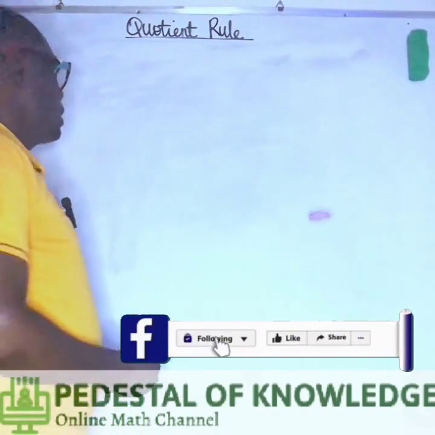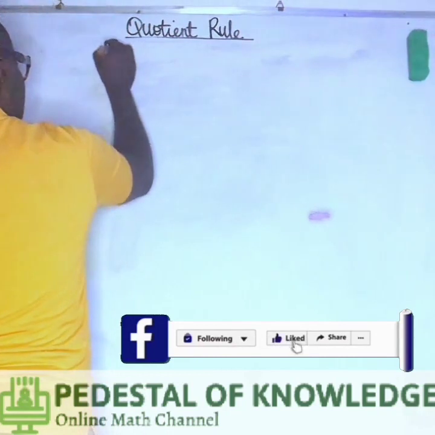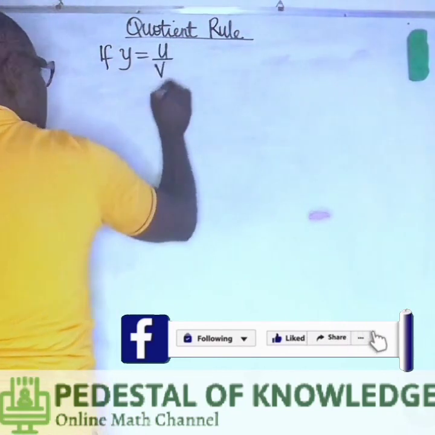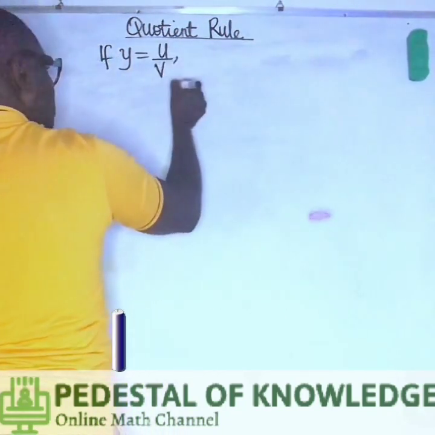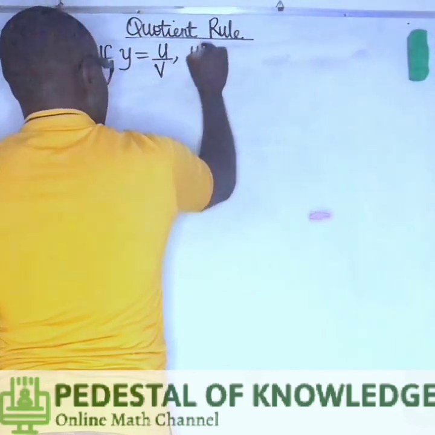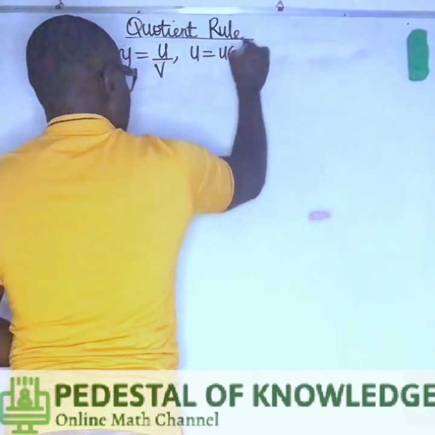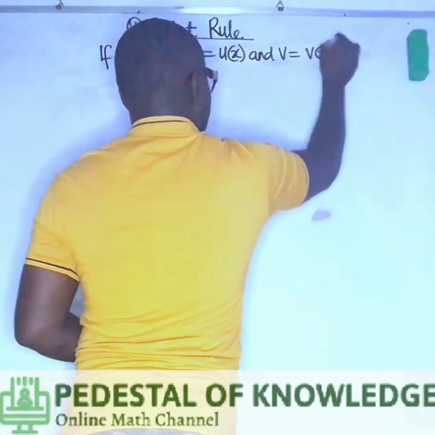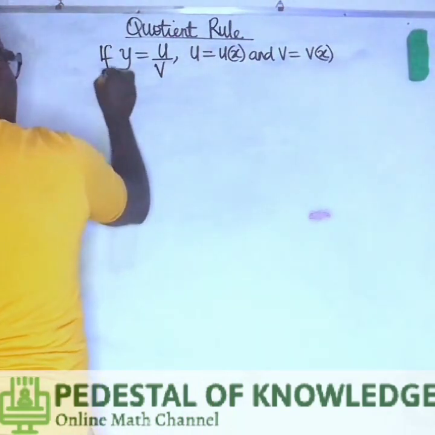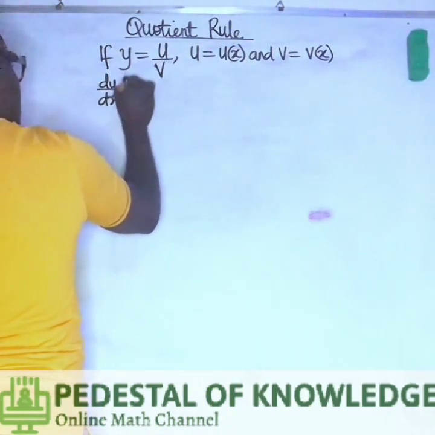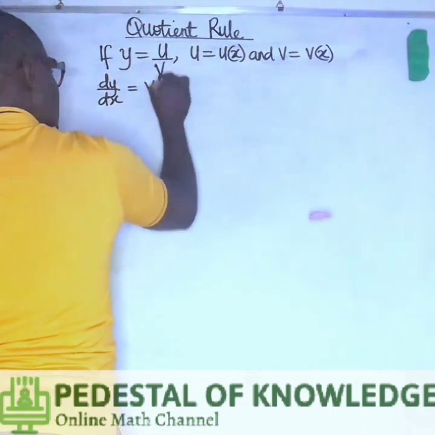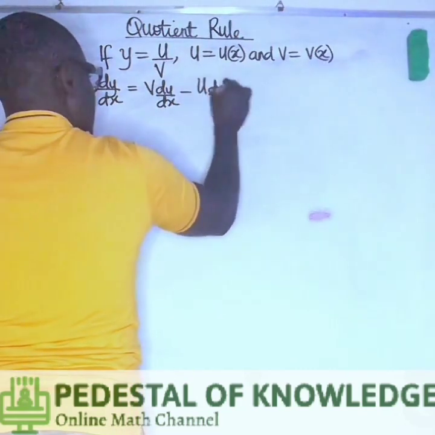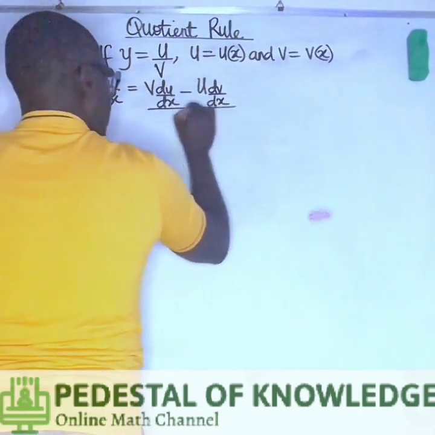The quotient rule states that if y is equal to u over v, where u and v are both functions of x, that is, u is equal to u of x and v is equal to v of x, then dy/dx is equal to v du/dx minus u dv/dx all over v squared.